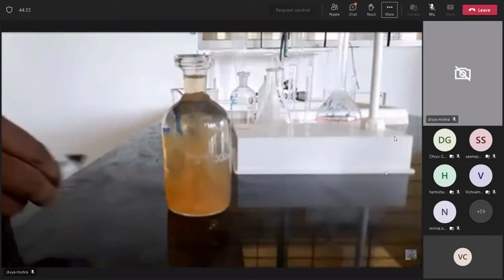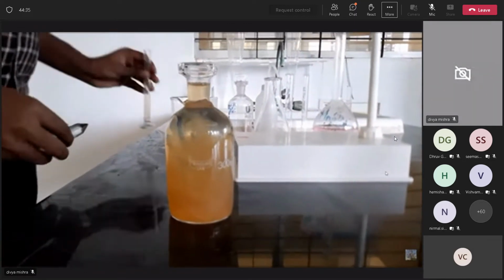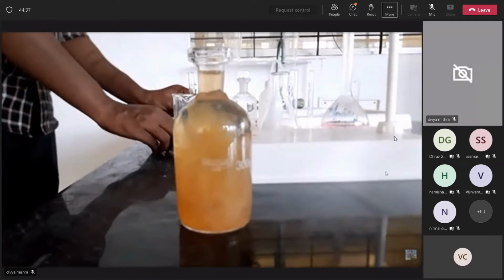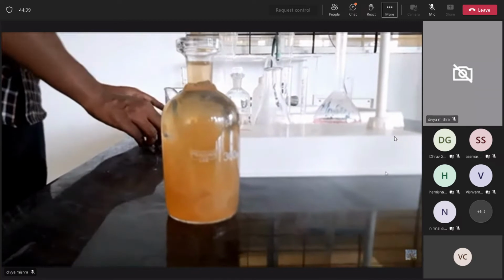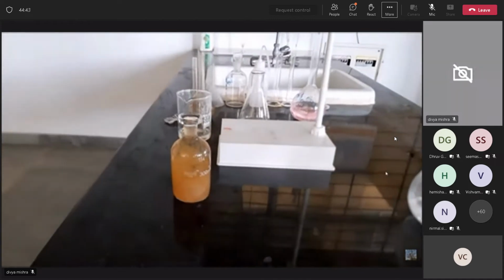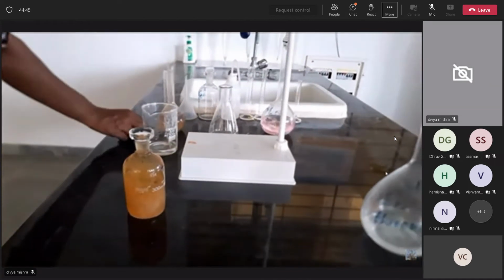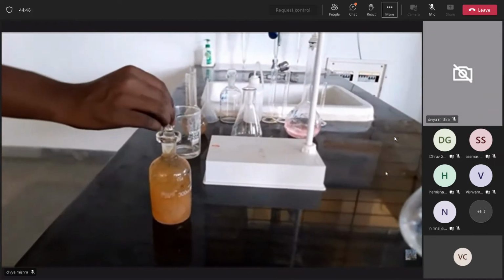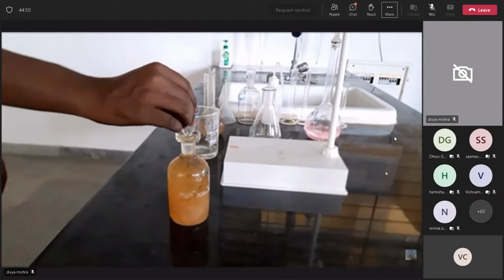As you can see, there are air bubbles in that. Tiny air bubbles are created. So before titrating it, mix it well until the air bubbles vanish, and then allow it to precipitate.